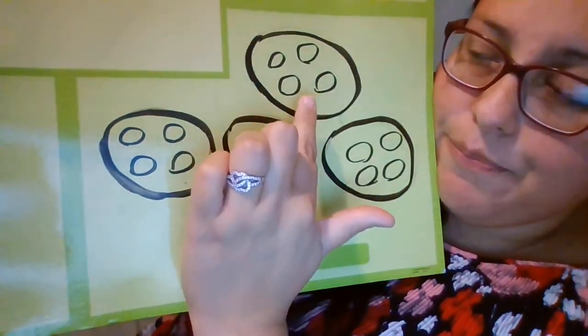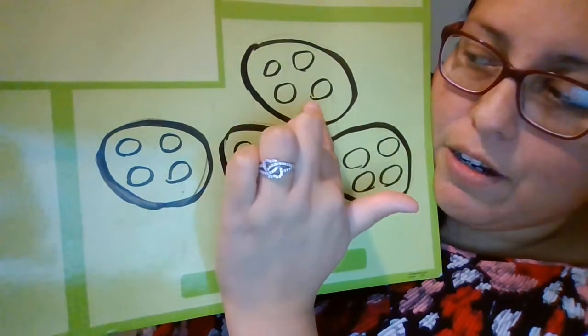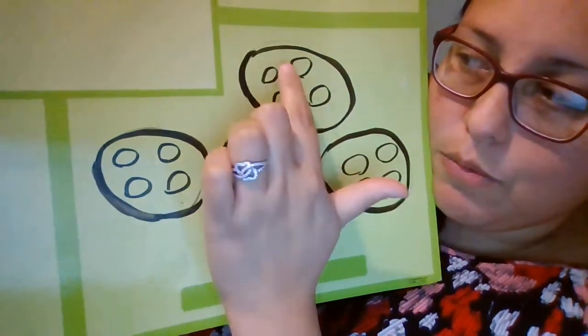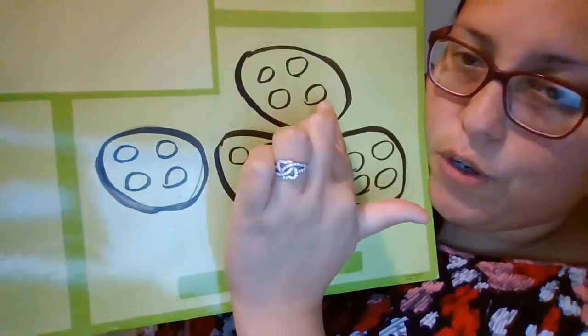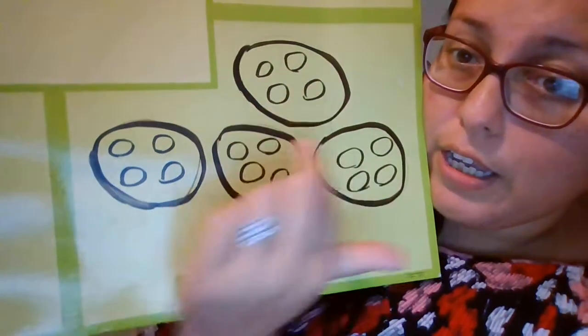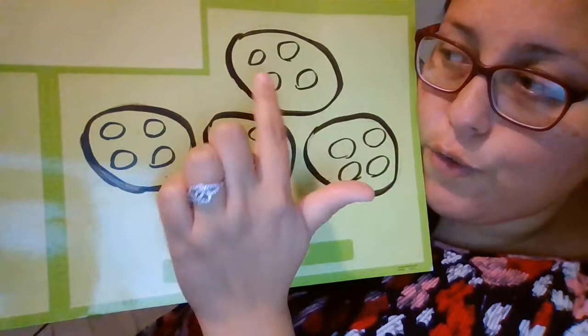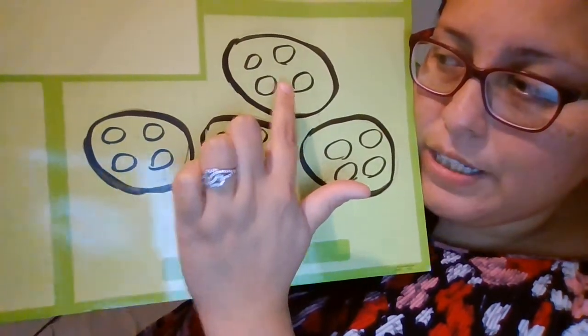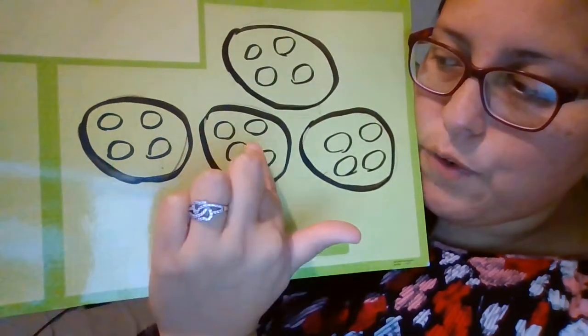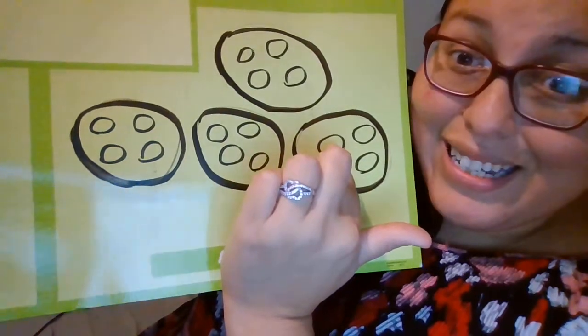So I can see how many are in each group? 1, 2, 3, 4. I have 4 inside each group. So 4 plus 4 plus 4 plus 4 equals 16.